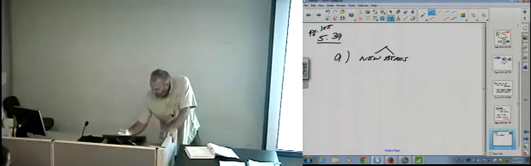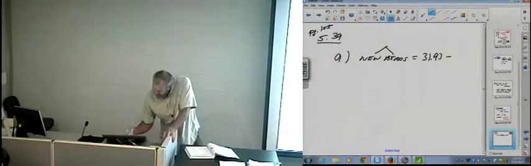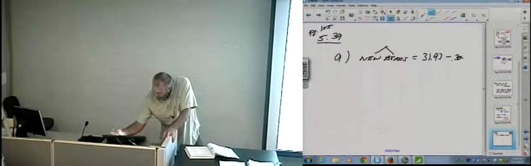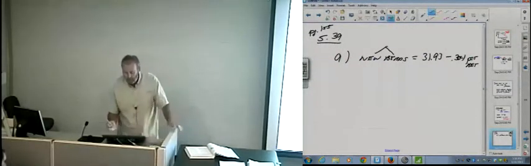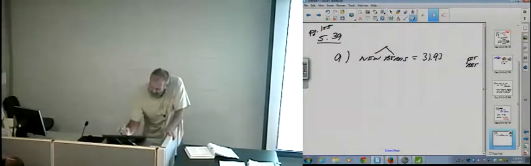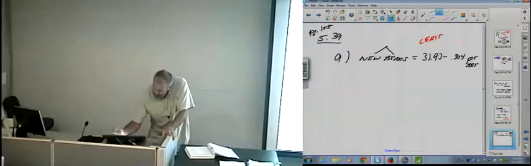And what was it, 31.93 minus 0.304 percent return. Look, the reason I keep going back and forth is because I'm just reading what was on the top there. So it gave me my least squares regression line. It gave me the equation, right? So that you know this is the least squares. That's what Minitab gives us.